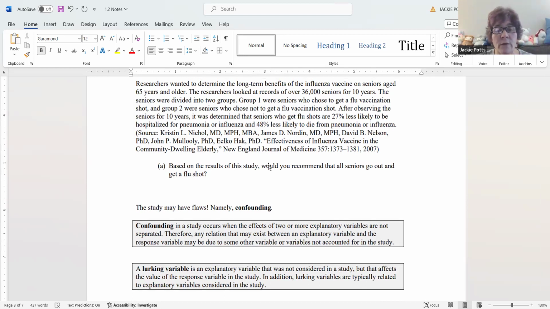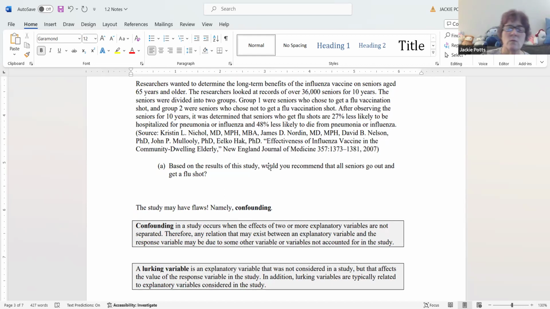The long-term benefits: age 65 and older, looked at over 36,000 for 10 years, divided in 2 groups. Group 1 were seniors who got the flu vaccine. Group 2 were seniors who chose not to get the flu vaccine. After observing the seniors for 10 years, it was determined that seniors who got the flu vaccine are 27% less likely to be hospitalized and 48% less likely to die from flu.